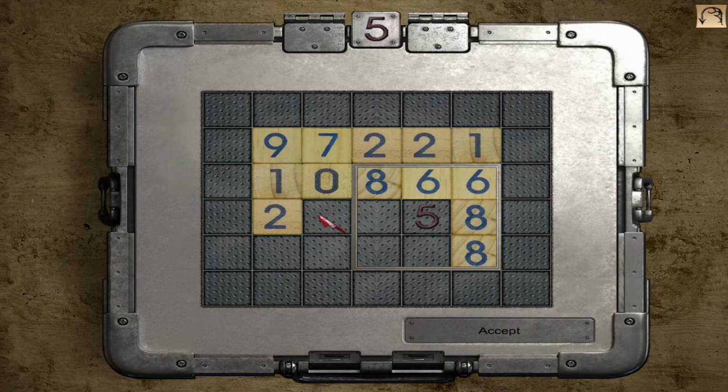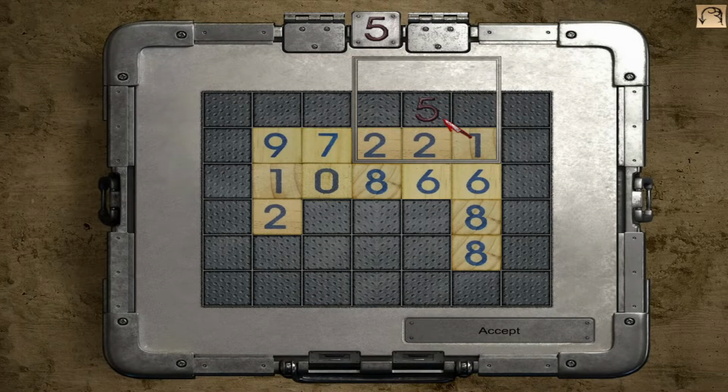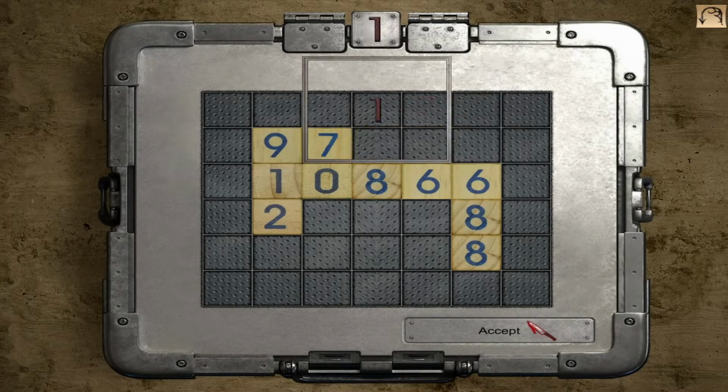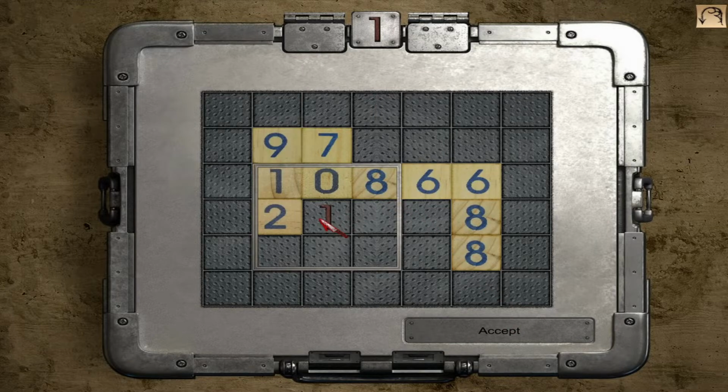Does it work here or is it with the 0? Oh. Okay. It probably works here because 2 plus 2 is 4 plus 1 is 5. So if I'm understanding correctly, this should work. Yes. 1. Does it work here or... Yes, no.